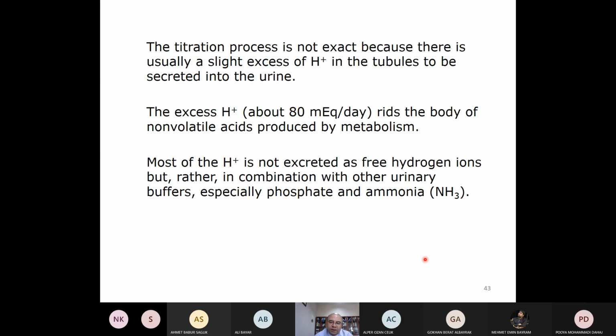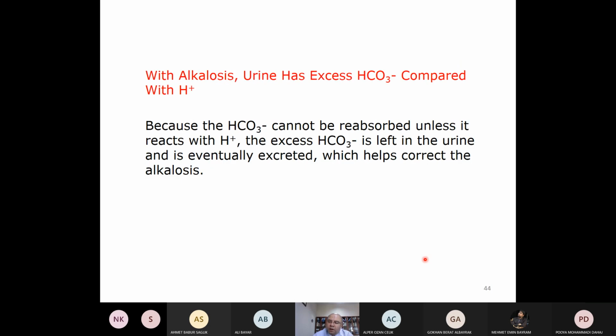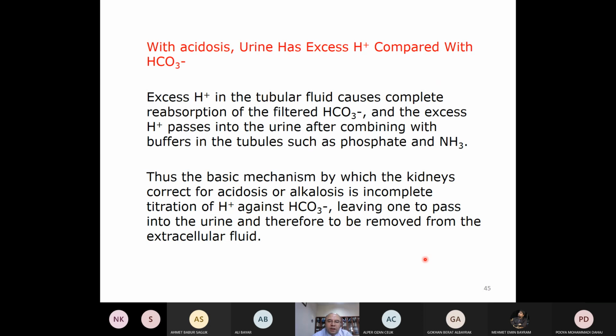It is excreted from the body. With alkalosis, urine has excess bicarbonate compared with hydrogen, because bicarbonate cannot be reabsorbed unless it reacts with hydrogen. So excess bicarbonate is left in the urine and is eventually excreted, which helps correct the alkalosis.